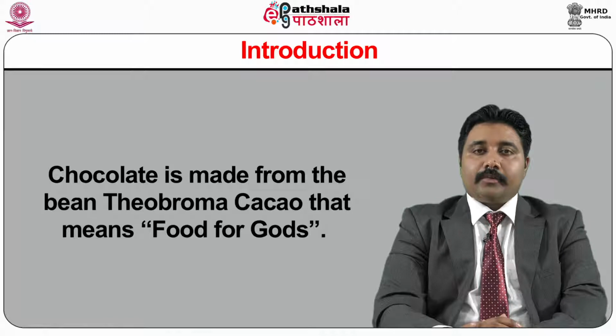Chocolate is made from the bean Theobroma cacao, that means food for the gods. For 3 millennia, the cultivation of cocoa has been done in Central America and Mexico, with its earliest documented use around 11,000 BC. Seed of chocolate has bitter taste and needs to be fermented well before used, and after it is roasted and coarsely ground, the resulting product is chocolate.